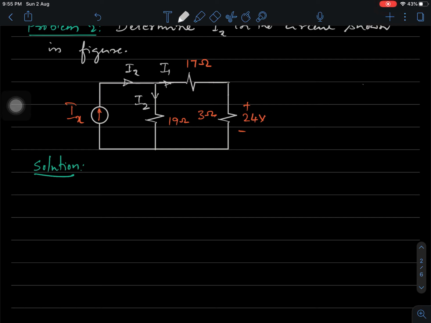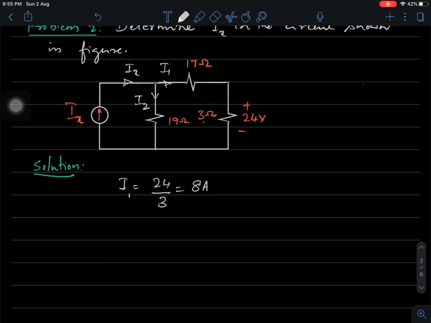Our objective is to first find out I1 and I2, then add the two, and we will get Ix, that is the source current. It is as simple as that. So how to get I1 is the question now. To get I1, we have the data: the potential difference across 3 ohm is 24 volts, and from Ohm's law we can get I1. I1 is 24 divided by 3, 8 amperes.